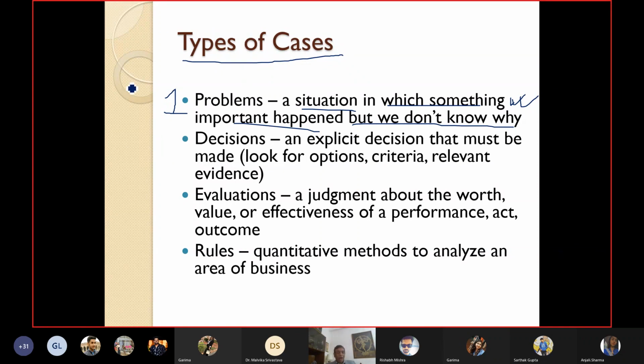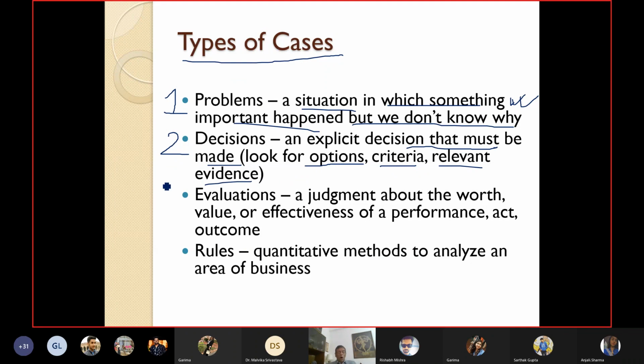The second type of case is something which makes you take a decision. A decision that must be made, which means when you study situations in a case, you come across not only why they happened, but you try and see what other options the firm had.